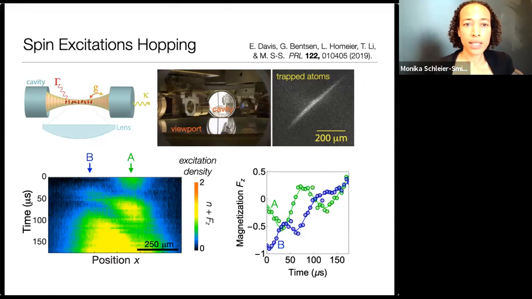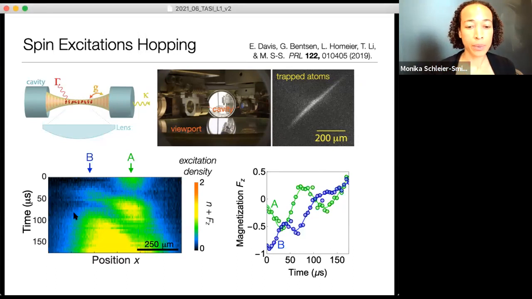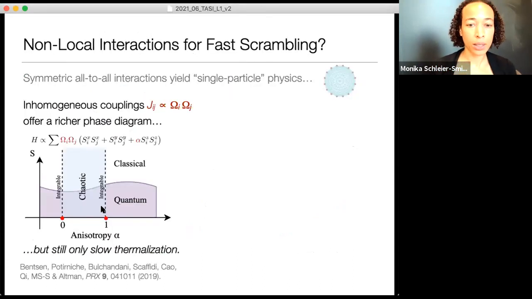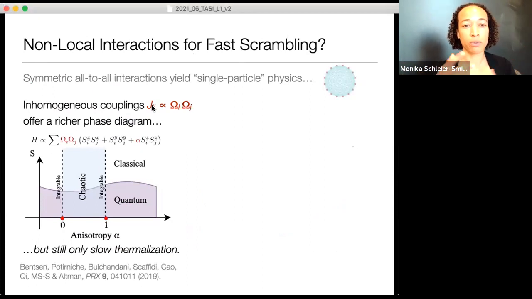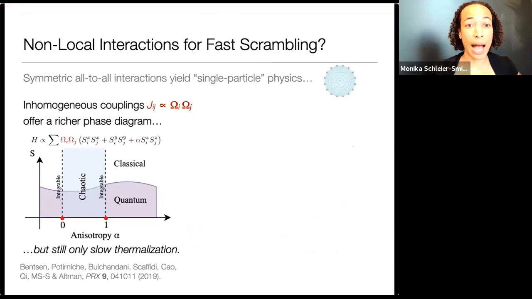Okay, so that's just starting to show that we can see this non-local hopping of the spin excitations. And again, in this particular case, the strength of the interaction between any pair of atoms is a product of local couplings to the light field. So this is not arbitrary control over all of the Jij couplings, as you might want if you want a truly random graph, let's say.